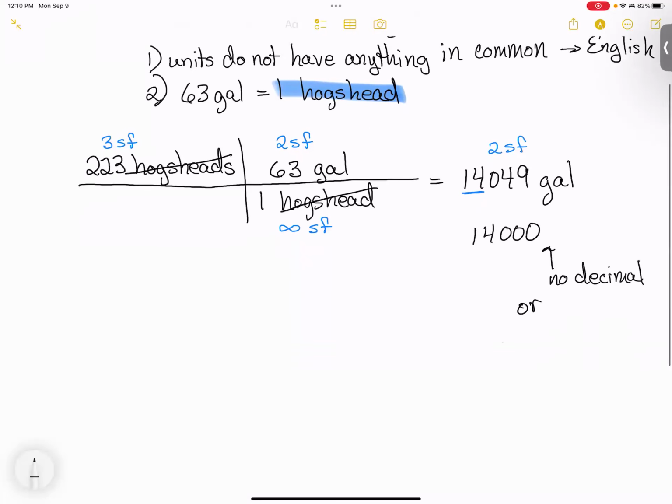Or you can write it as 1.4 times 10 to the 4 because the number of digits in the mantissa is equal to the number of significant digits. One of the 2.